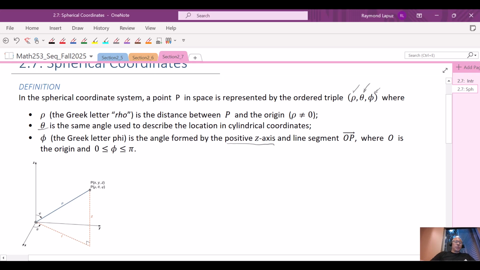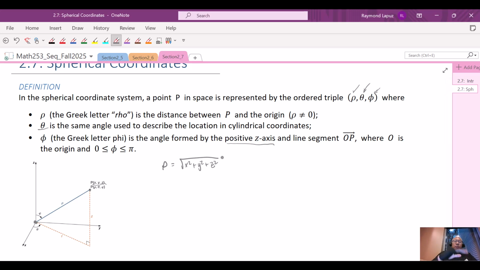All right. Now we want to tie this in with the things that we're dealing with. If rho is the distance from the origin to some point x, y, z, then that distance is like the magnitude of the vector. So rho is equal to the square root of x squared plus y squared plus z squared. We generally want rho to be positive, but sometimes it does become negative.